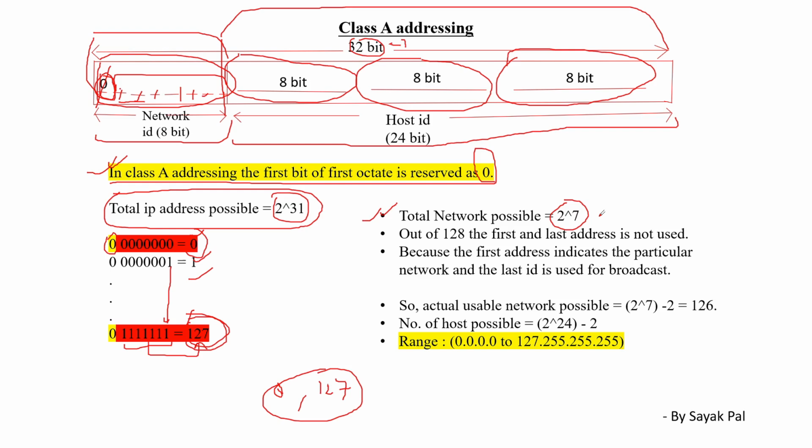Out of these 2 to the power 7, or 128, network IDs, 0 and 127 are not used, as already discussed. So the practical number of network IDs possible inside class A is 2 to the power 7 minus 2, that is 126. That means in class A the operational IP addresses are 1 to 126, because 0 and 127 are not used.